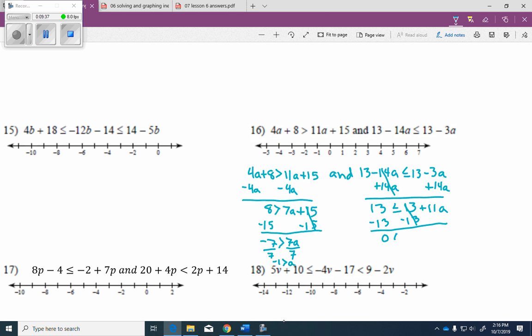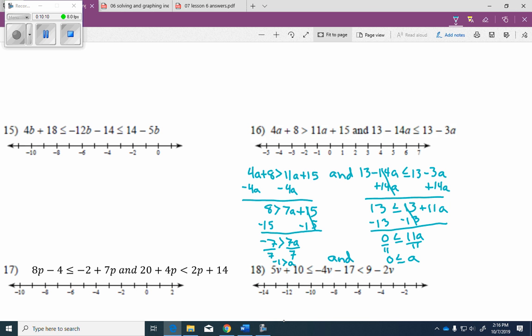So 0 is less than or equal to 11a. Divide by 11, I get that 0 is less than or equal to a. Now this one, I can't squeeze these two statements together even though it's an and. And the reason why is because the a's aren't close enough to each other, meaning on this side the a is to the right, I would want the a to the left over here.